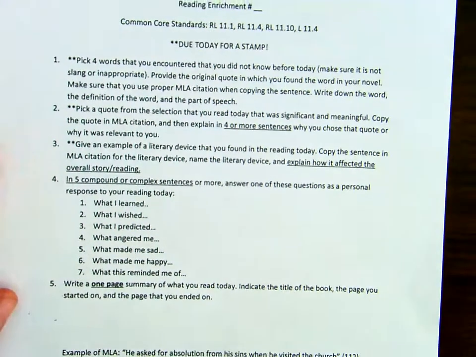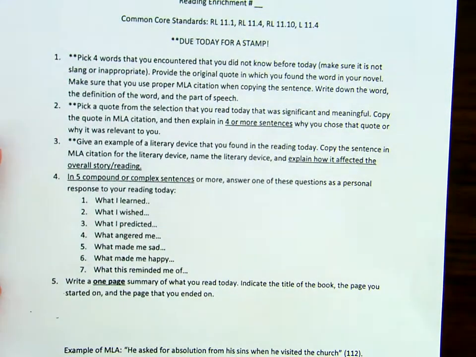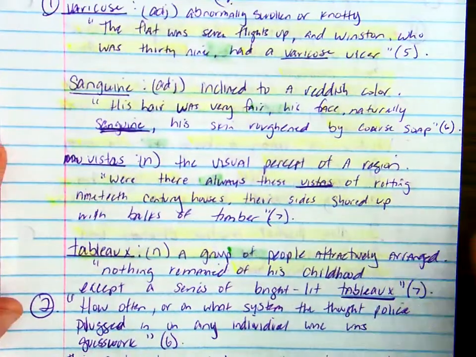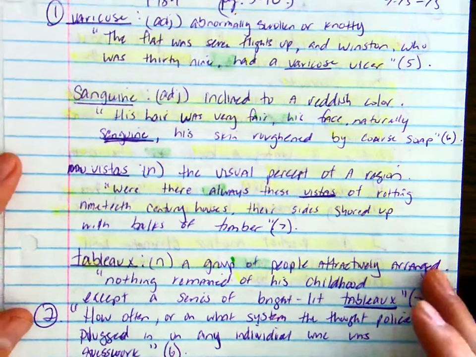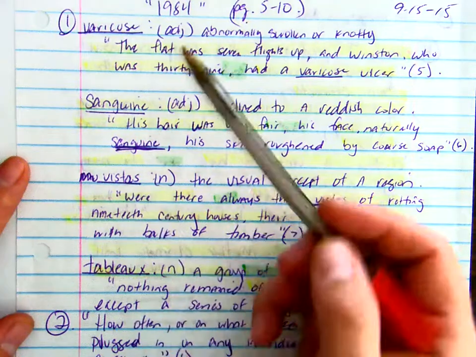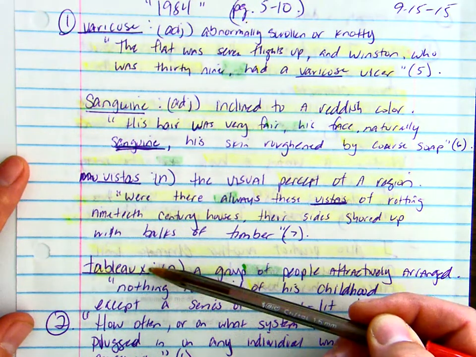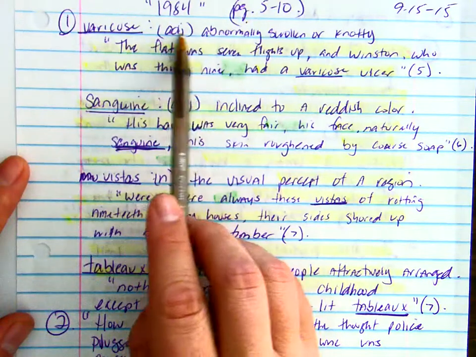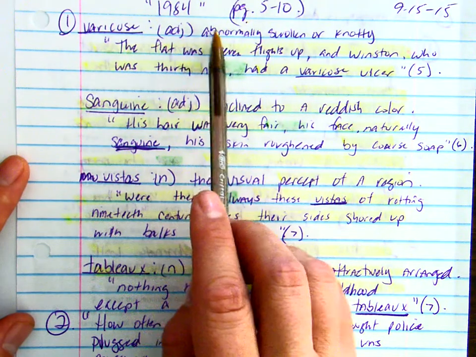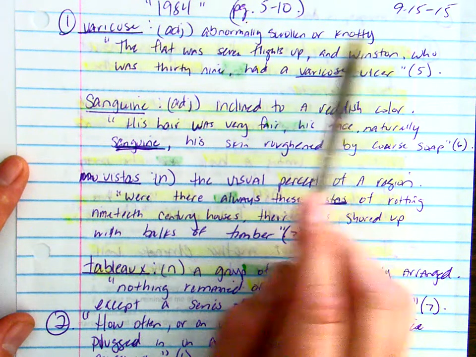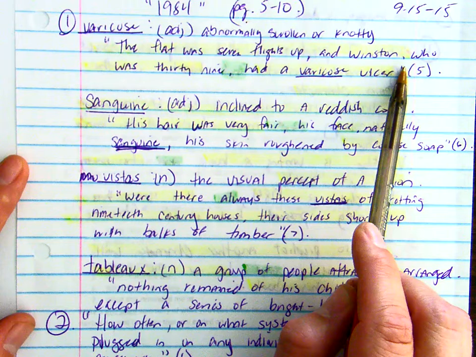So for part 1, what you would want to do is this. So here's my example. This is when I read 1984. You could see the 4 words that I found are varicose, sanguine, vistas, and tableau. And I have the part of speech right there. I have the definition. And then I have the quote, the sentence that I copied out of the book.